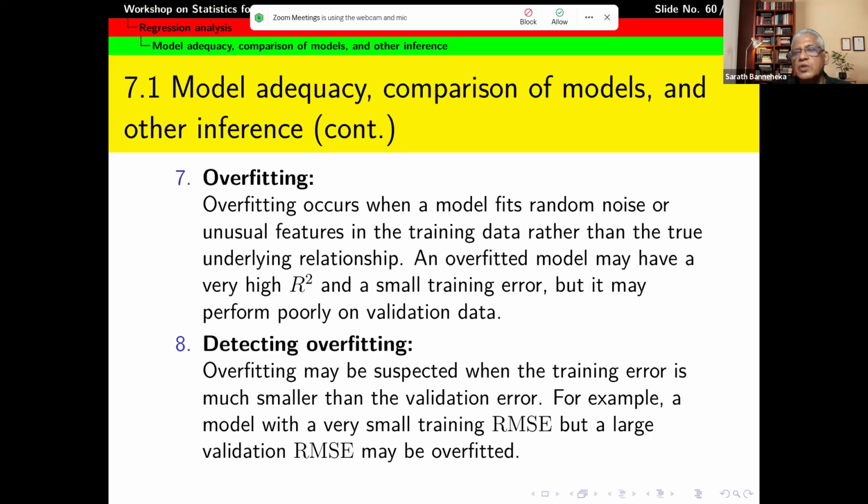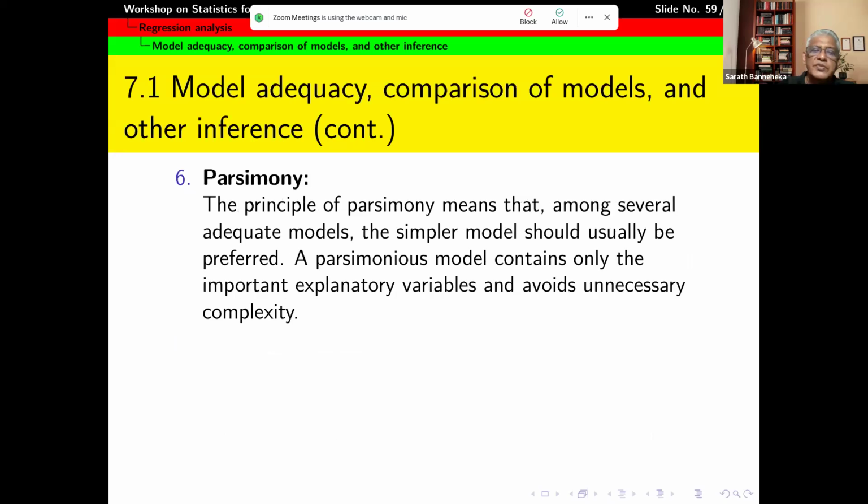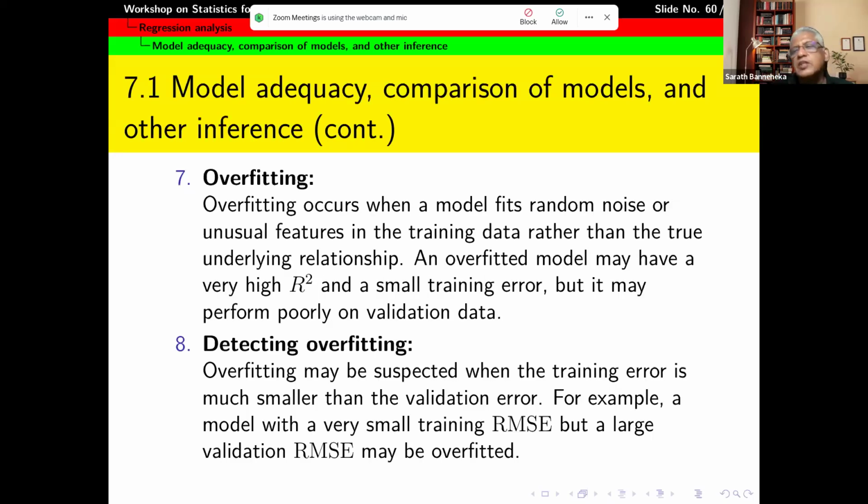Overfitting is not a good thing to happen. Overfitting means that when you are fitting the model using the training set, you may be able to get a very good model with a very high R square value and R square adjusted value, because you have included a large number of X variables in the model.